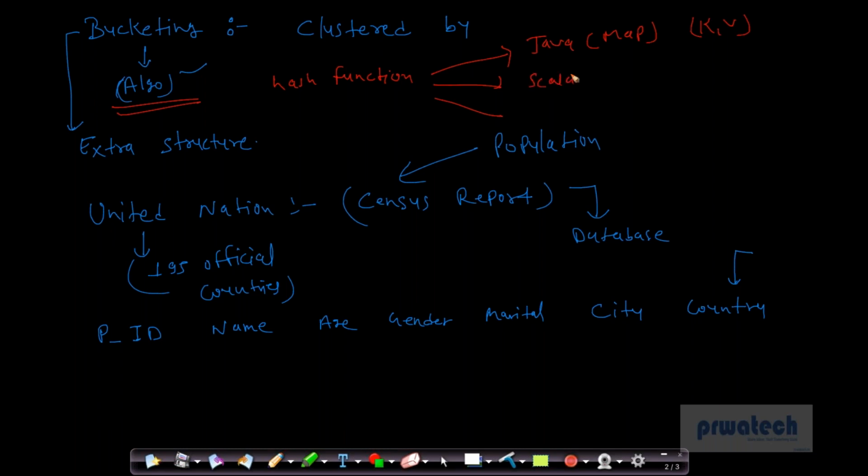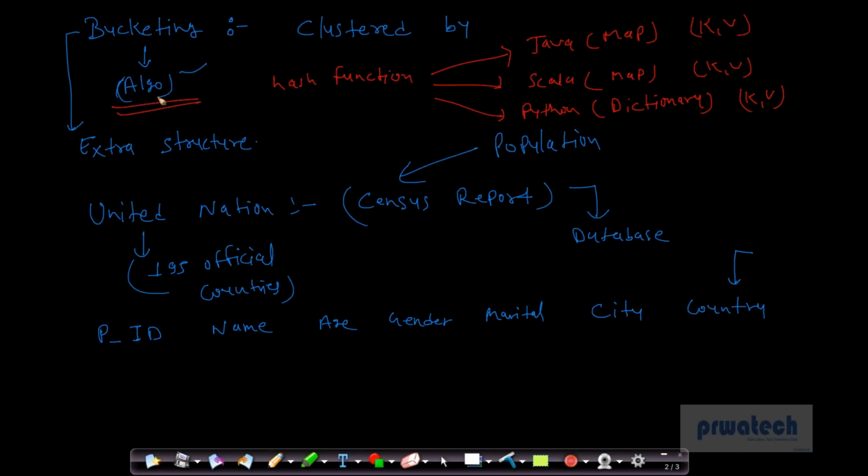Scala is a scalable language, very popular after 2010 and one of the great languages today. This is also doing mapping, based on the collection concept of key-value. And in Python, people who have already worked on Python must know about the dictionary, which is also based on key and value. I'm just relating this bucketing concept to other languages.